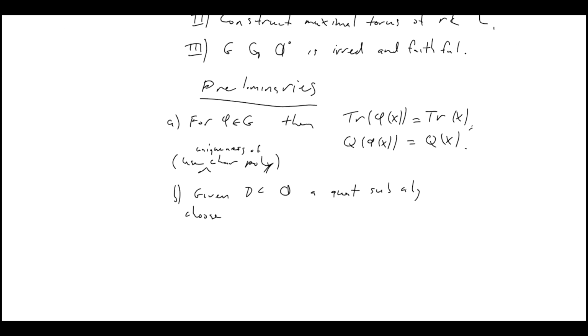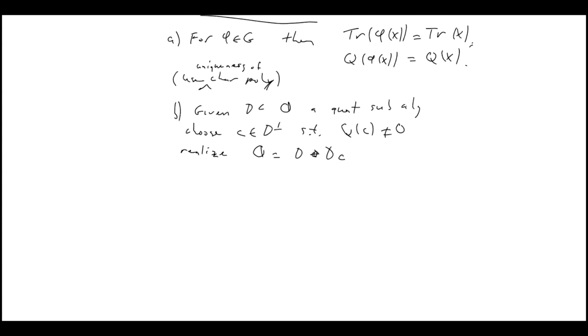We'll call this C again. And then realize O as D plus DC, as we saw in the discussion of special pairs. So again, this is just realizing the octonions as a double.